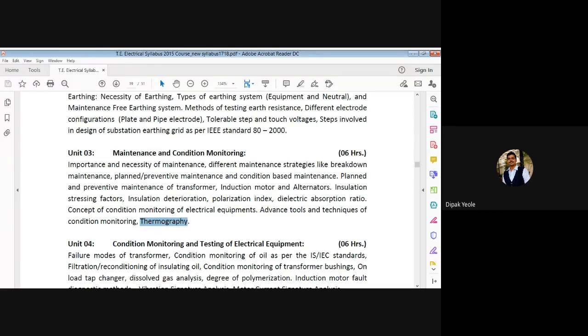Thermography cameras. And you have to keep in mind, whenever we are going to carry out a maintenance activity, we have to carry the thermography camera with us. Believe me, the companies, the state government companies, or the central government companies.